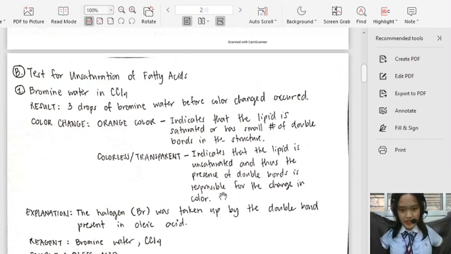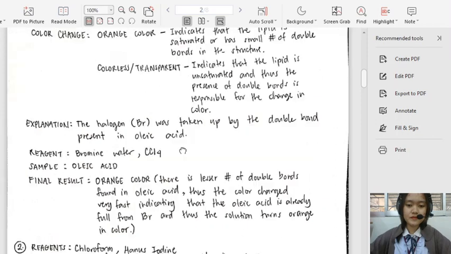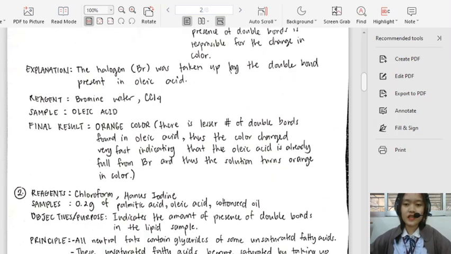So, yan. The halogen Br or bromine was taken up by the double bond present in oleic acid. So, anong reagent natin? You have bromine water containing your bromine halogen. And then you have your carbon tetrachloride. And the sample is oleic acid. Final result. Ano ba talaga yung result?